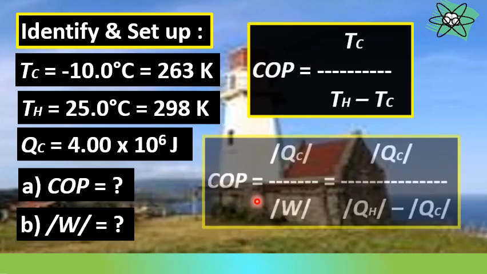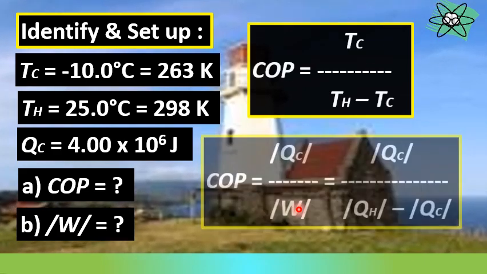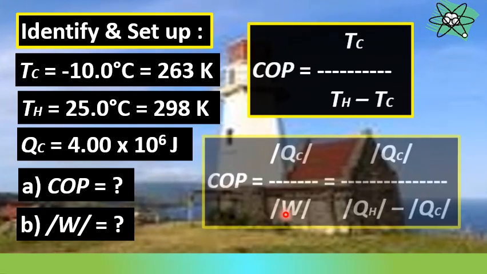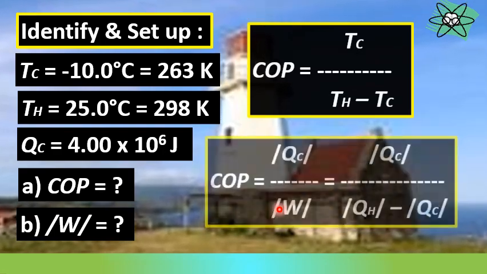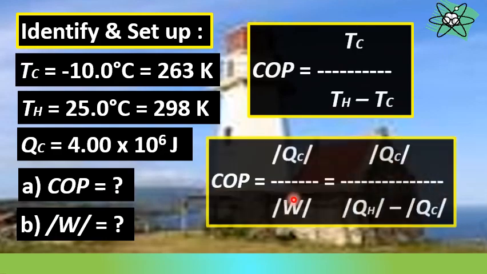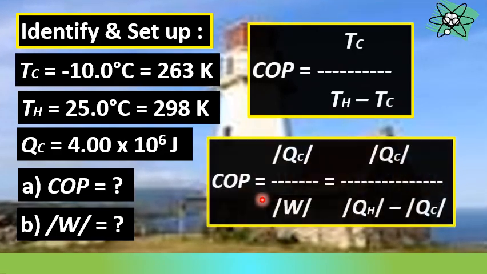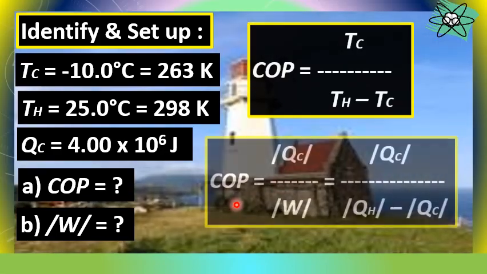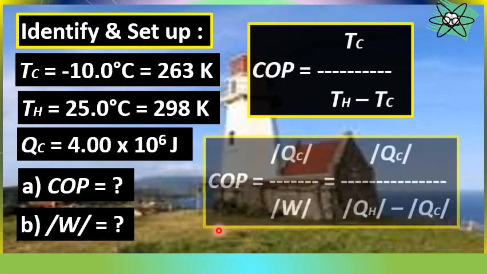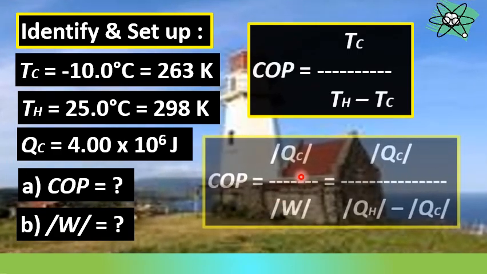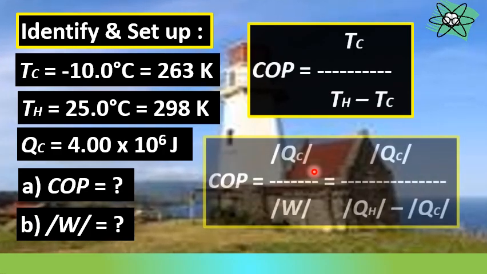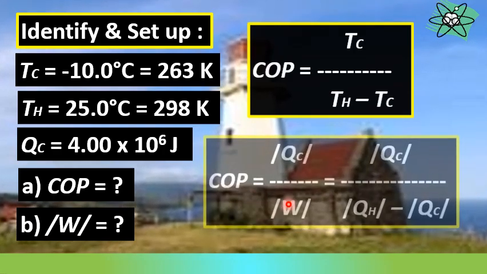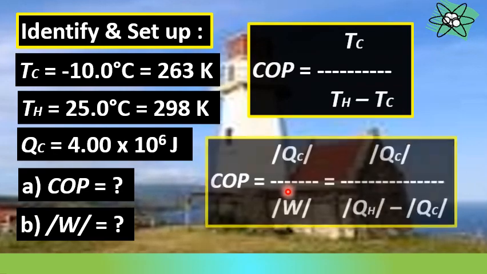As soon as we have the value for COP, then we can easily find the work input. So that would give us the working formula for the work input, equal to the amount of heat extracted from the cold reservoir divided by the coefficient of performance of the fridge.